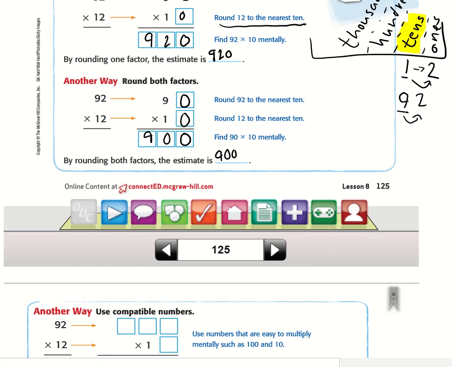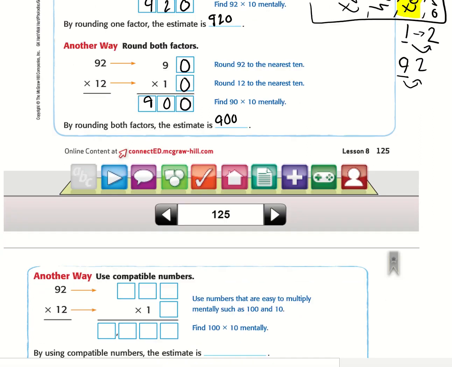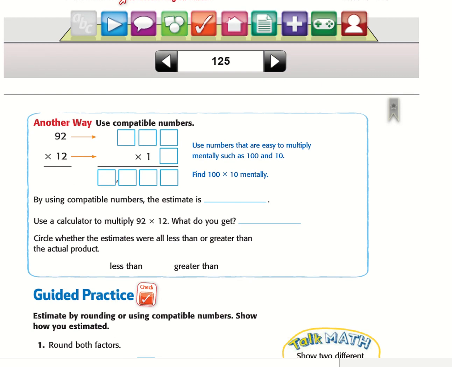Another question you can ask is, is 92 closer to 90 or closer to 100? Same with 12. Is 12 closer to 10 or closer to 20? So another way is using compatible numbers. 92 is not the easiest number to work with, but use numbers that are easy to multiply mentally, such as 100 and 10.